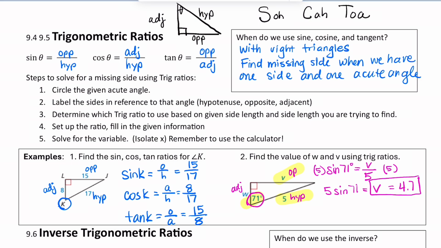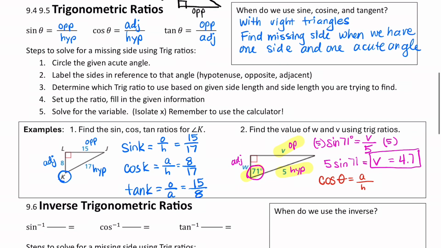The next one they want us to find is w. Okay, so to find w, w is adjacent, and the one we have given is hypotenuse. So which one of these three has adjacent and hypotenuse in it? It's cosine. So I'm going to write down cosine equals adjacent over hypotenuse.